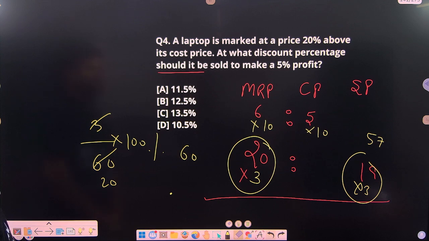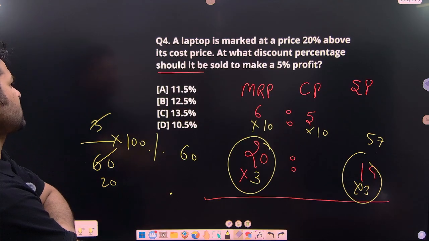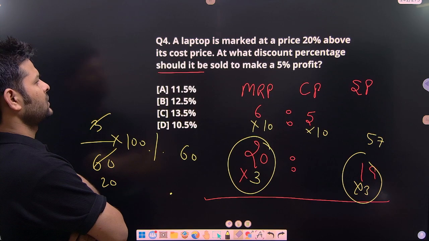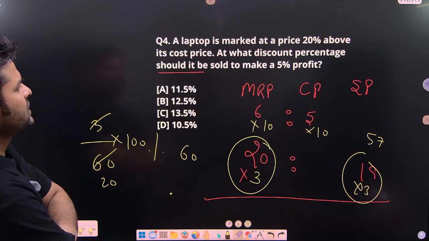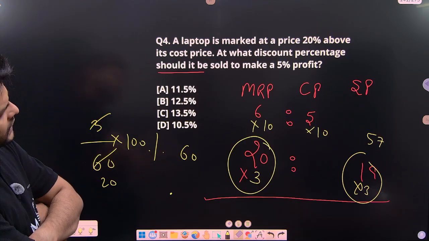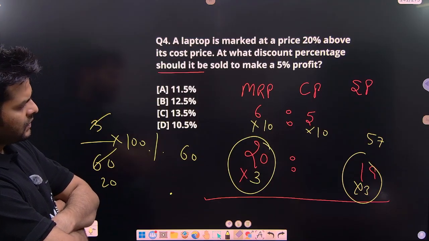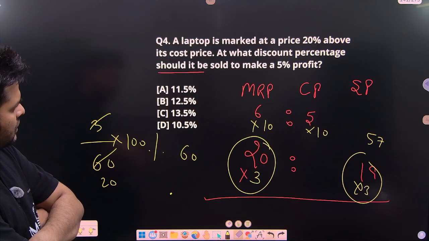A laptop is marked at a price 20% above its cost price. At what discount percent should it be sold to make 25% profit? Sorry?